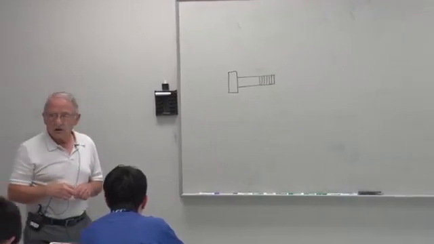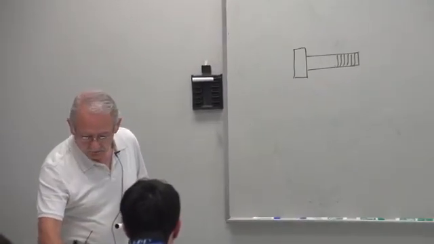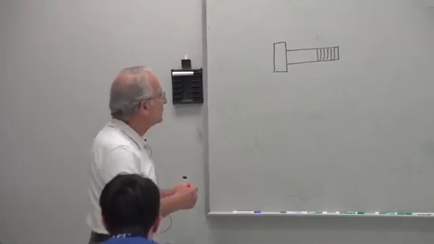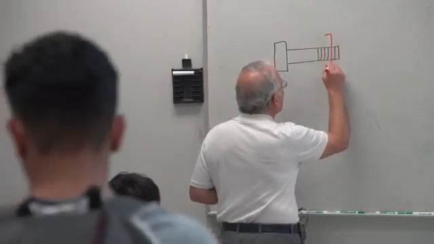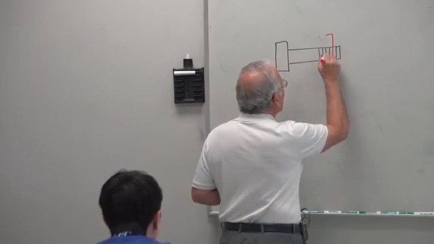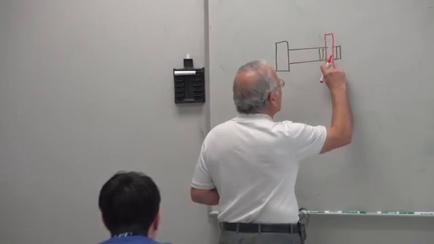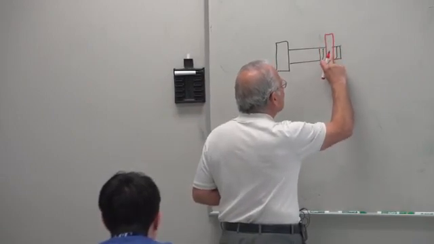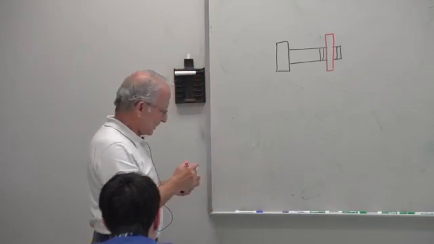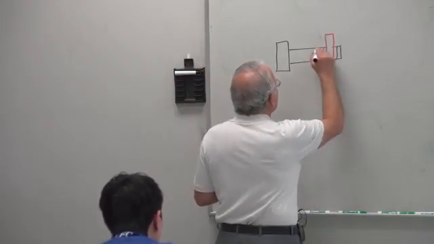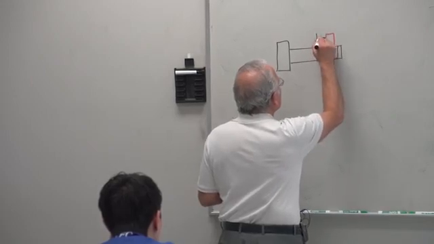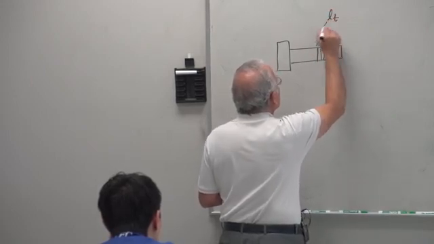Of the threaded part, a fraction will be in the grip. So we did some calculations. There's the nut. We did some calculations and found what this length was. We called it little lt.